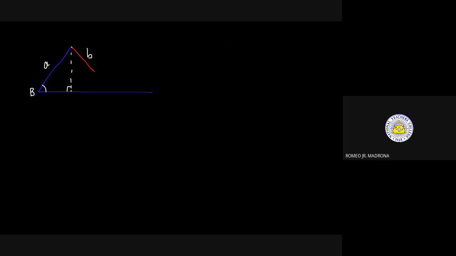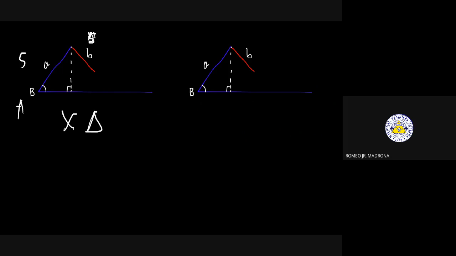Okay, to summarize, ito yon. Pag SSA, so side, side, angle, ito yon. Pag ang B natin ay maikli sa height, walang triangle na makukuha. No triangle.